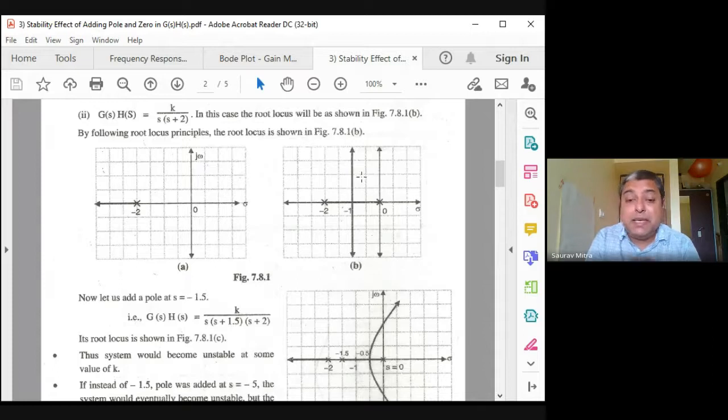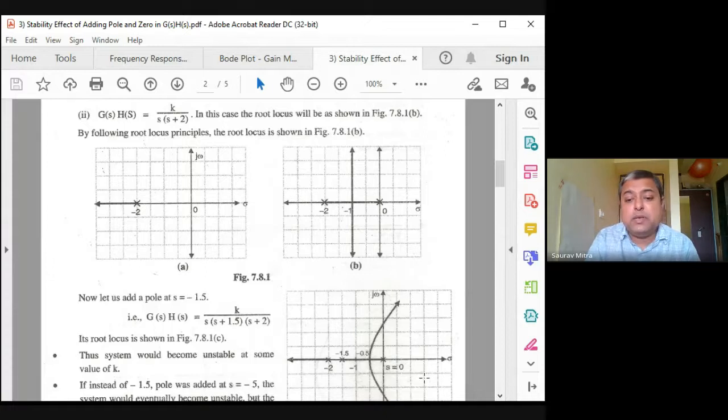But K by s into s plus 2, yes, it is going in the imaginary direction. Imaginary direction means this system has more energy, and more energy will produce an oscillatory response. Why? Because you will find poles like minus 1 plus 2j, minus 1 minus 2j, or minus 1 plus 3j, minus 1 minus 3j, and those poles will generate damped oscillation in the time domain.